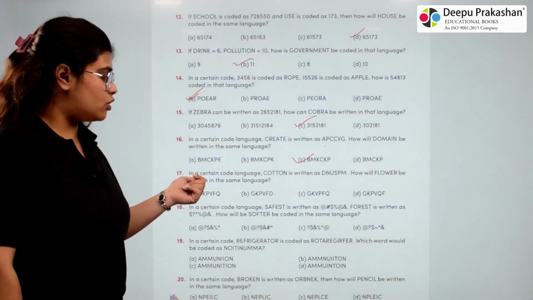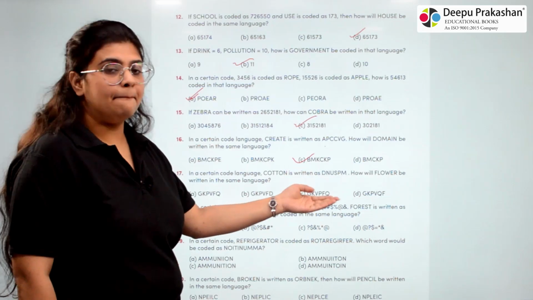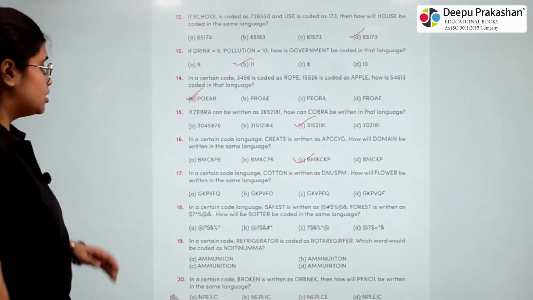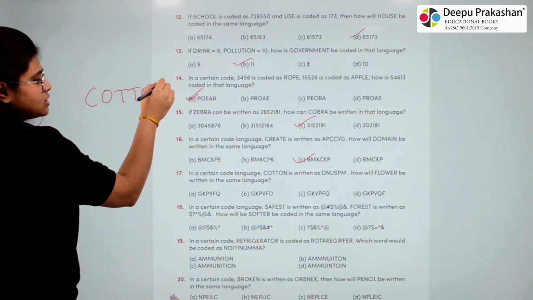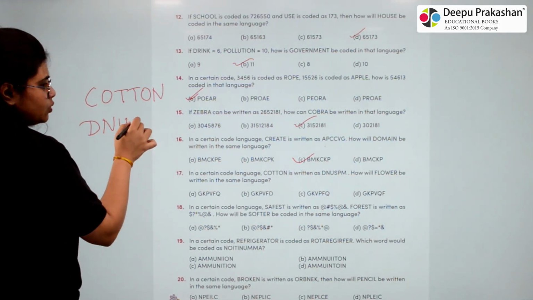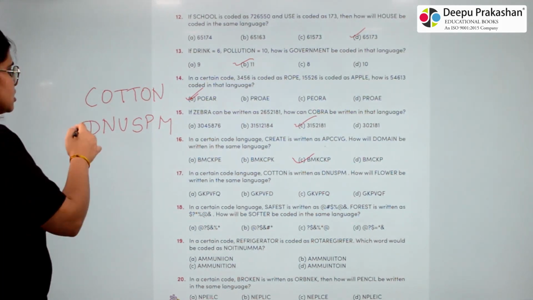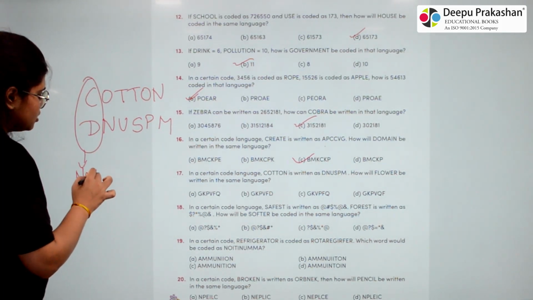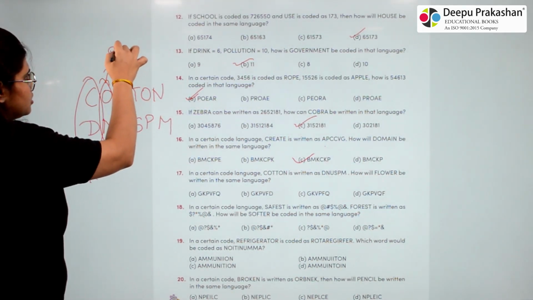17. In a certain code language, cotton is written as DNUSPM. How will flower be written in the same language? So here, cotton is coded as DNUSPM. That means for the first one, we are using next. Second one we are using previous.